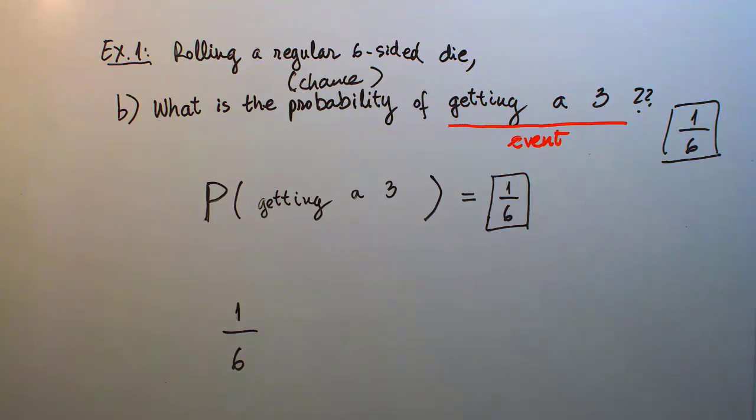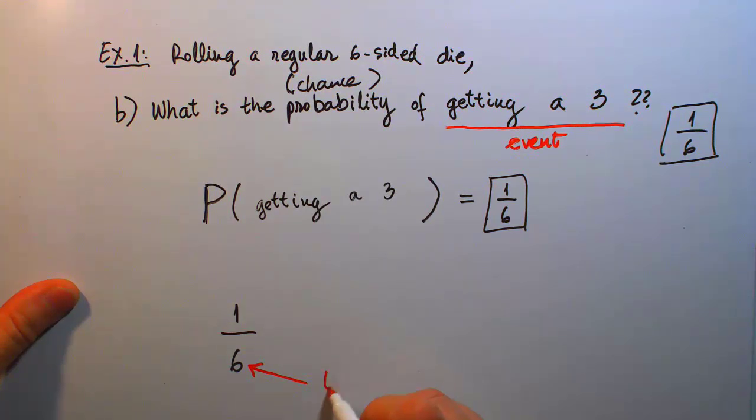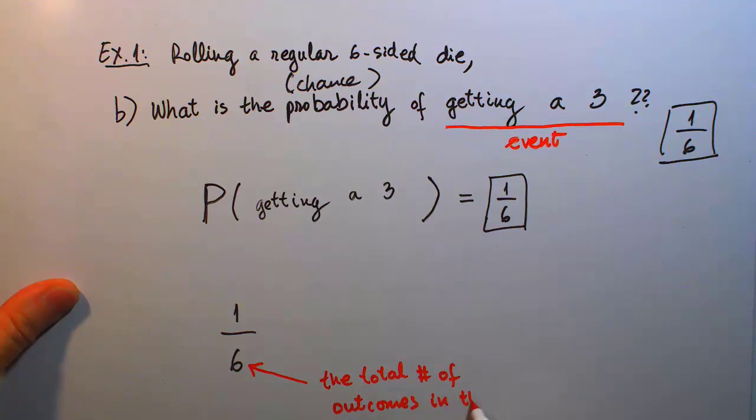If you make a connection, or maybe you can rewind the video, and look back at question A that we had earlier, then the 6 in the denominator is not the last outcome of your sample space, but the 6 here represents the total number of outcomes in the sample space.